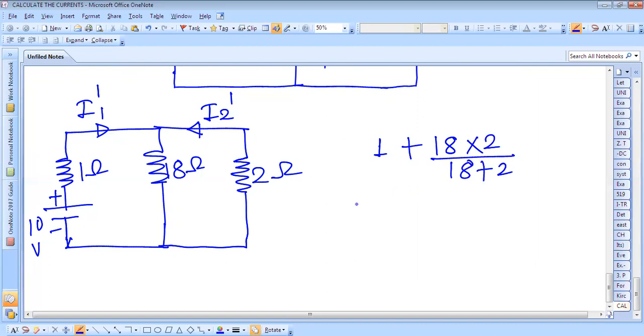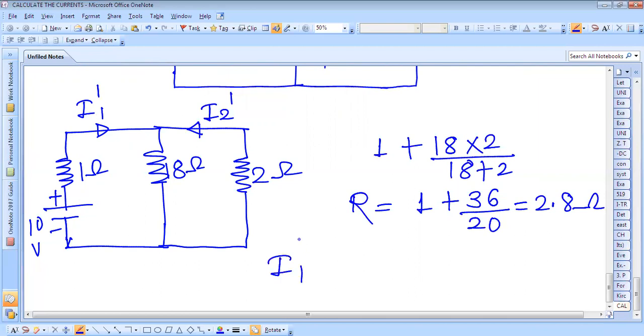If you find this, 1 plus, so this is coming equal to 2.8 ohm. So we have got the total resistance of the circuit. Now we'll calculate this I1 dash. So I1 dash is equal to this voltage source 10 divided by the total resistance of the circuit 2.8.